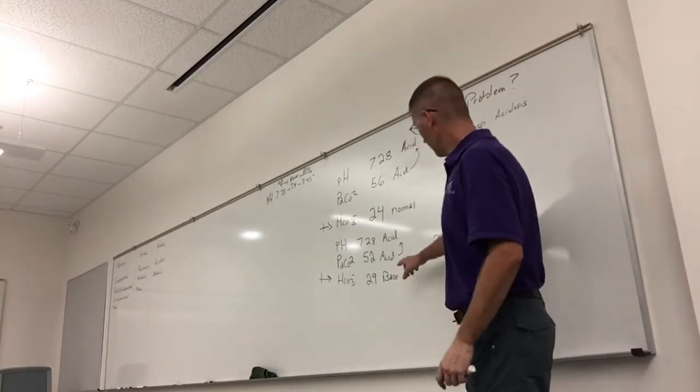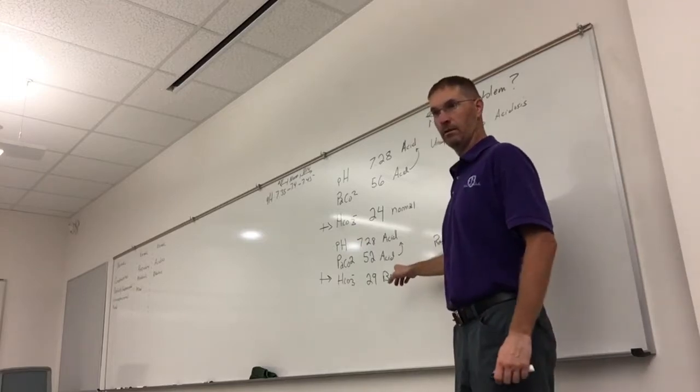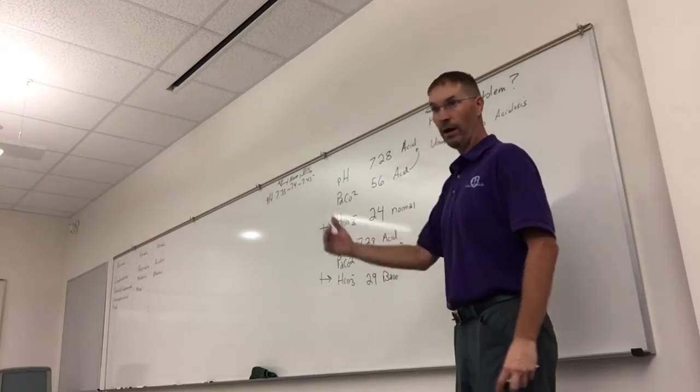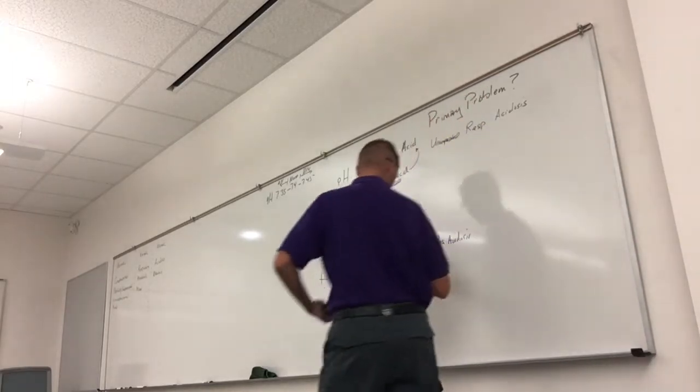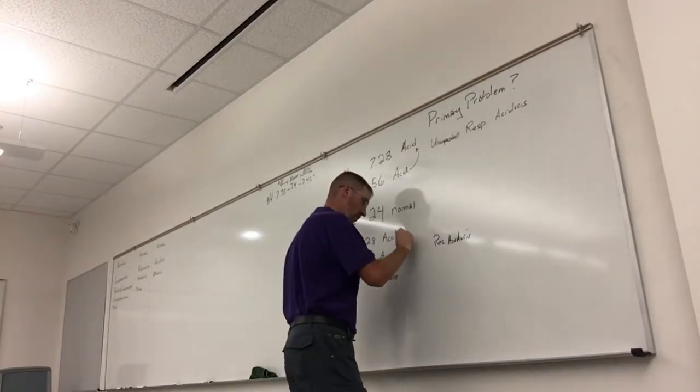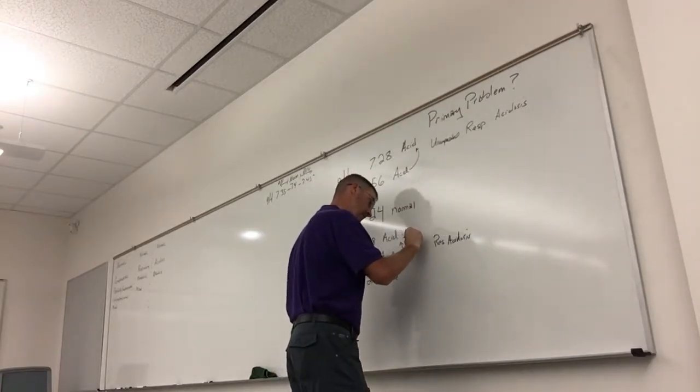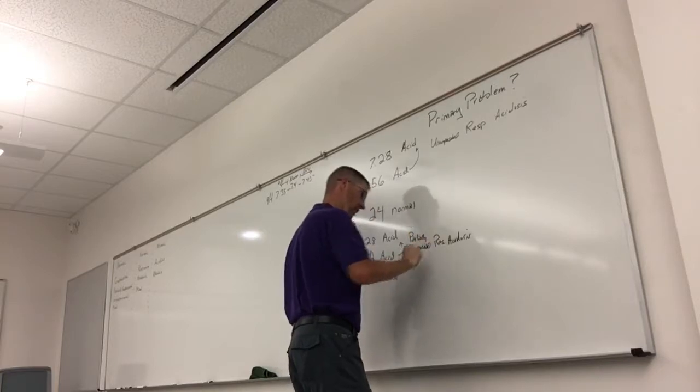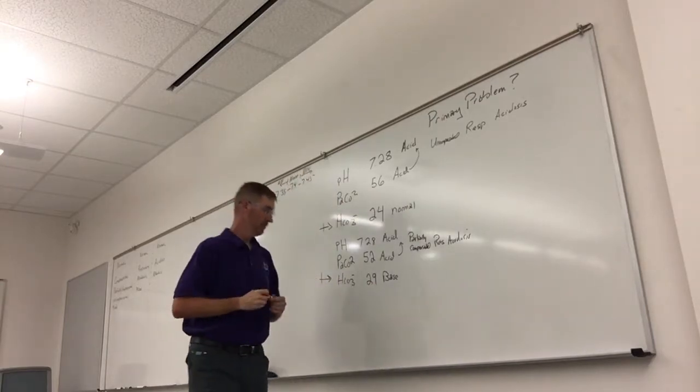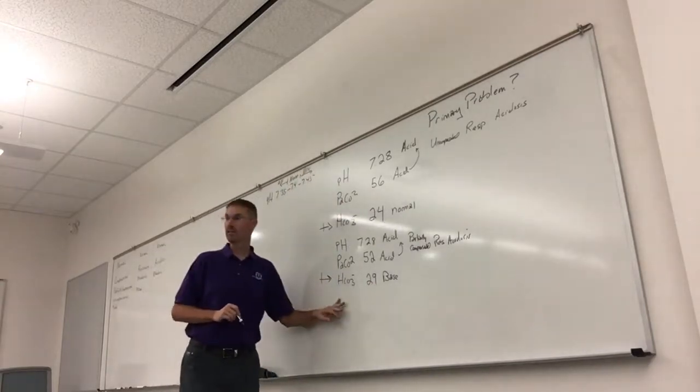So, is this fully compensated? No. So it has to be what? It has to be partially compensated. So this is partially compensated respiratory acidosis. Do you guys see that there?